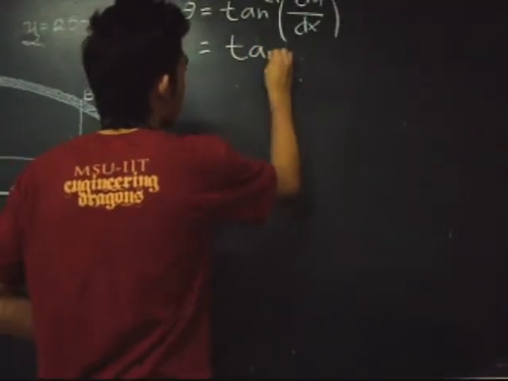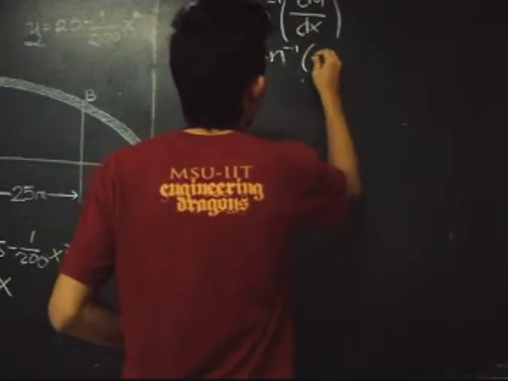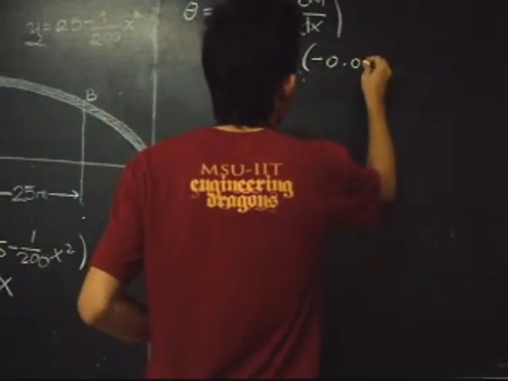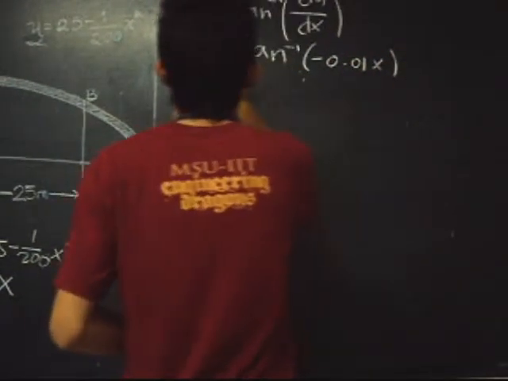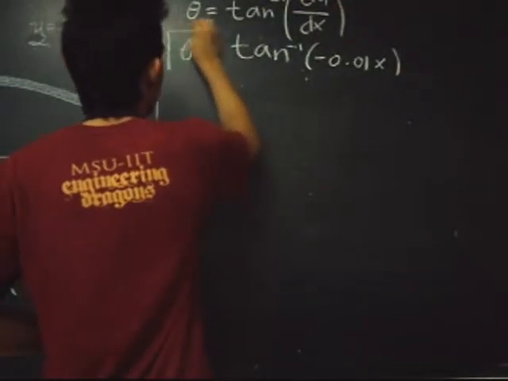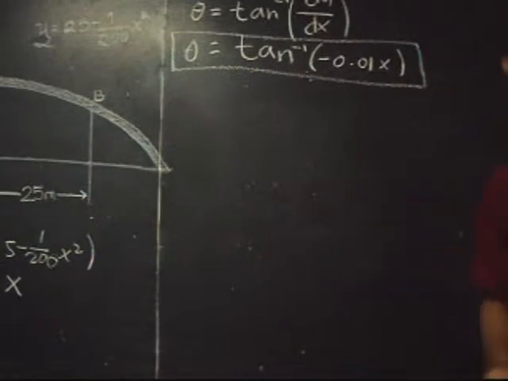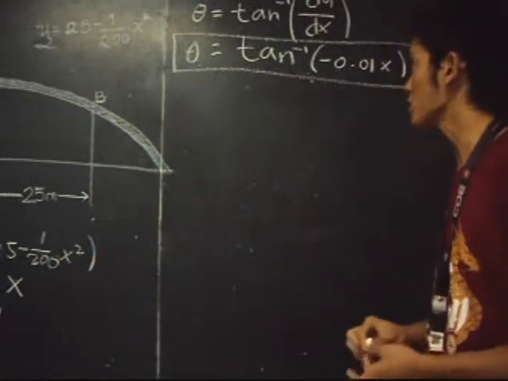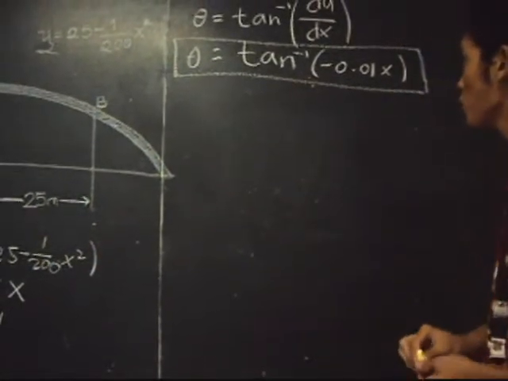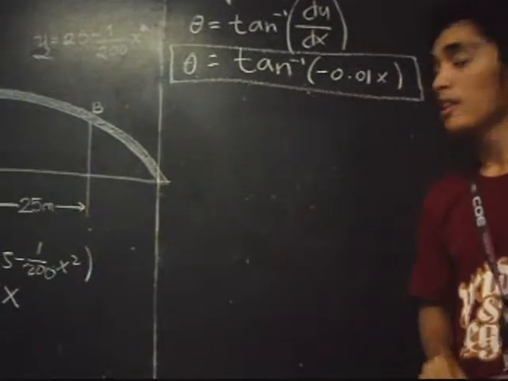Then we have this equation: angle theta is equal to arctangent of negative 0.01x.